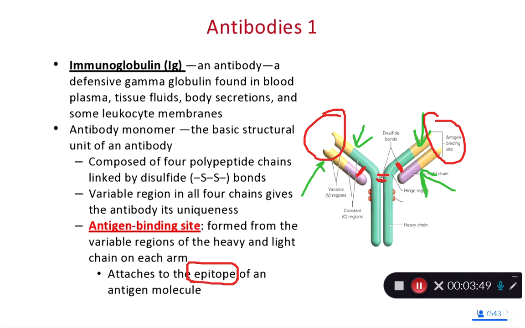This is not a genetics class, but it's worth emphasizing the remarkable amount of variation in our antibodies. When we make our antibodies, we take the genes responsible for this variable region, or the active site of the antibody, and it's kind of like rolling the dice, and we see what pops out.